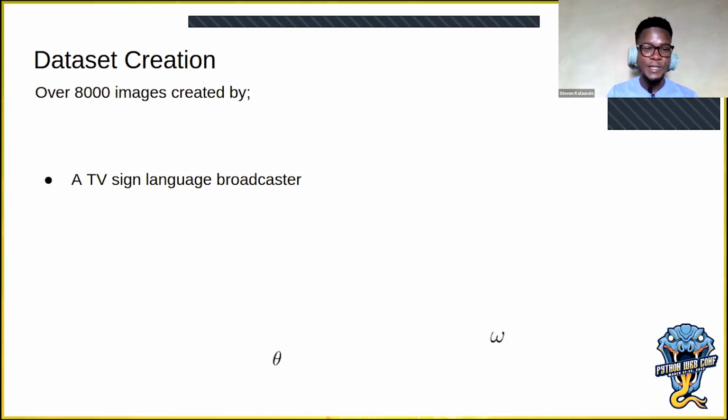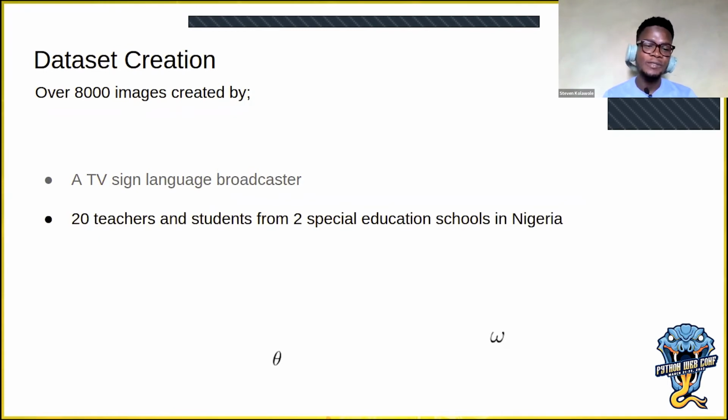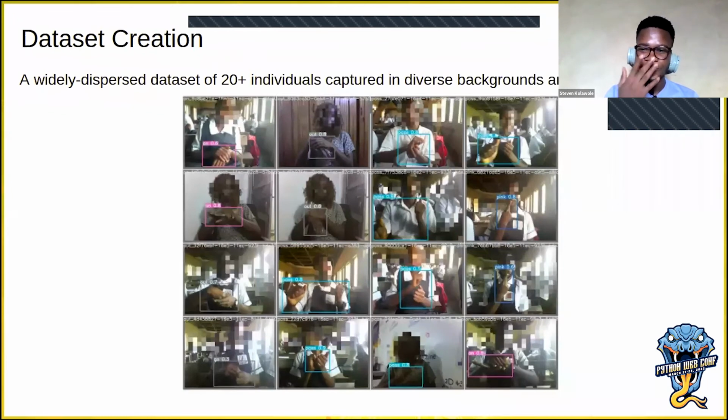And she was very helpful in creating the first batch of the data set. And the second batch was created via collaborations with special education teachers and the special education students from two schools in Nigeria, right? And yeah, in the end, this is what we had.